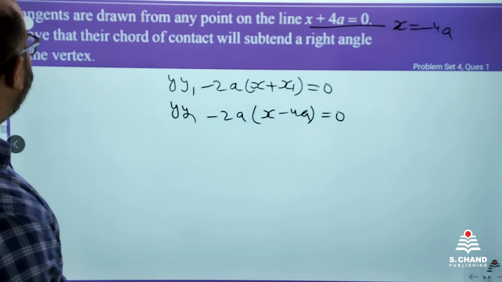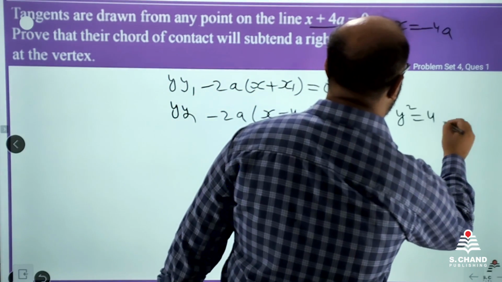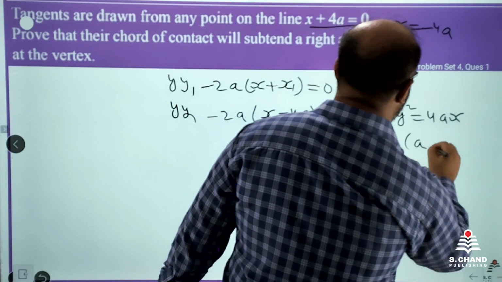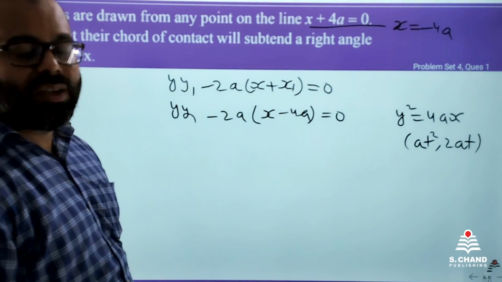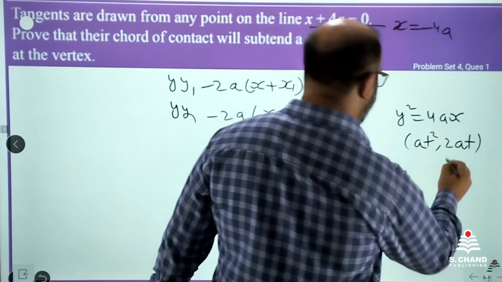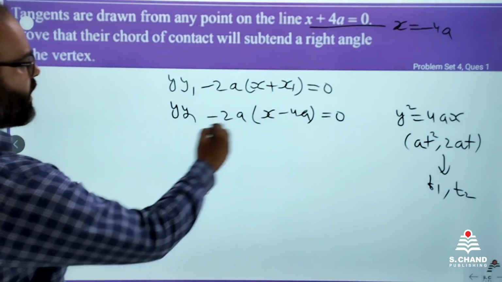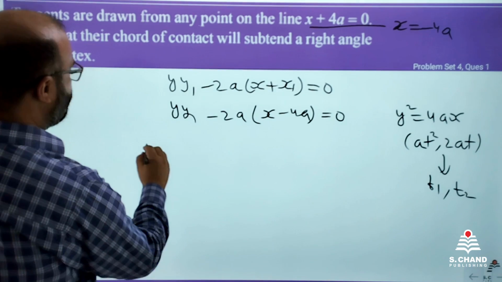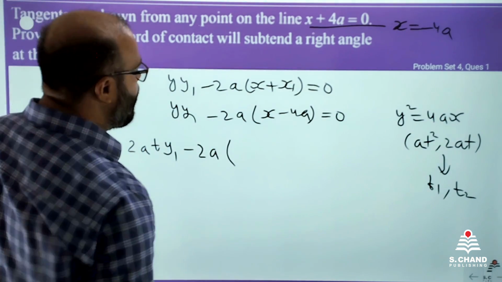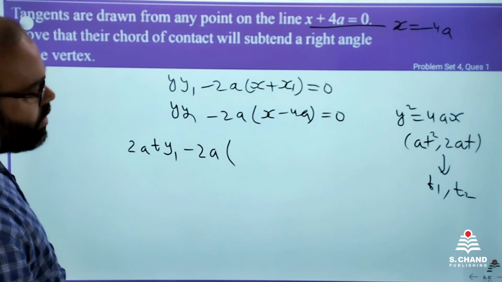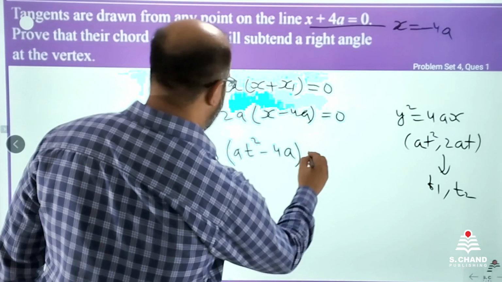Now this is intersecting the parabola y square is equal to 4ax at 2 points. The points are (at square, 2at). One will be t1, another will be t2. Now we are replacing here, so y will be 2at and x will be at square. So 2at y1 minus 2a(at square) minus 4a equal to 0.